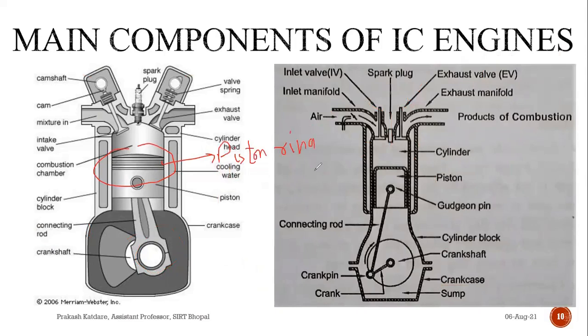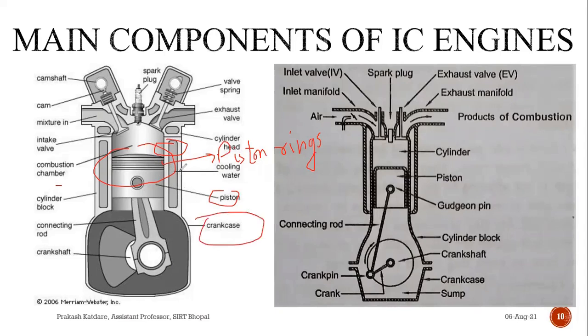These rings which are on the piston are actually slots formed around the piston, and they provide a tight seal between the piston and the cylinder wall and prevent the leakage of combustion gases into the crankcase.